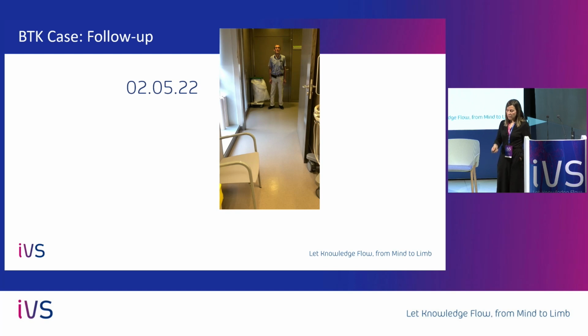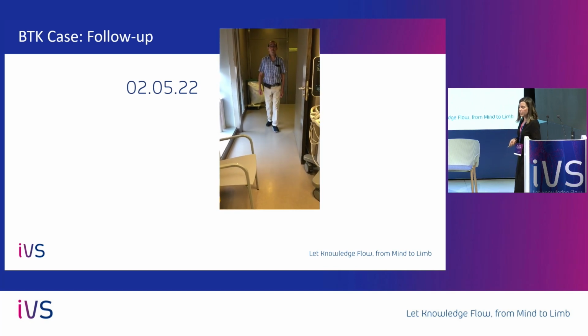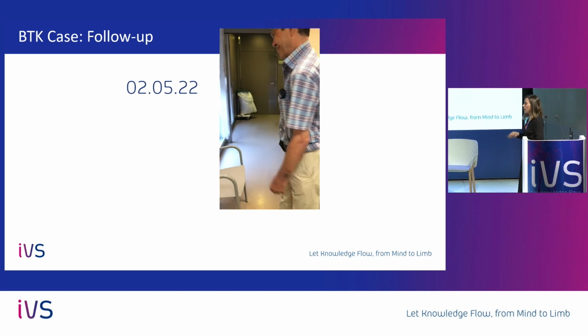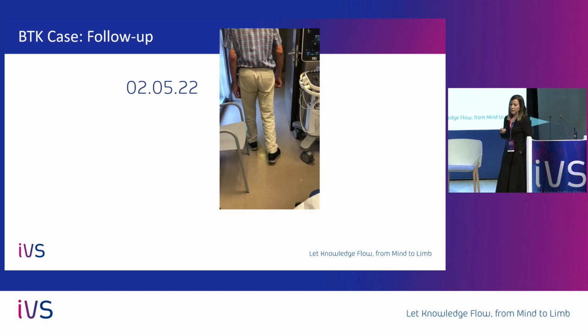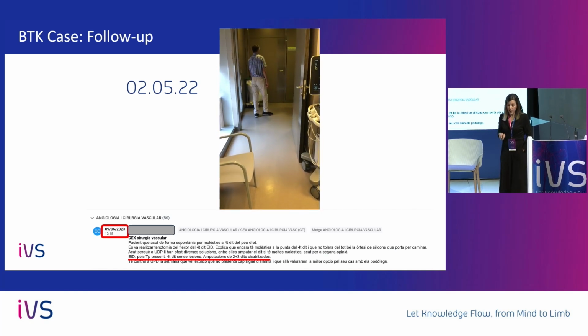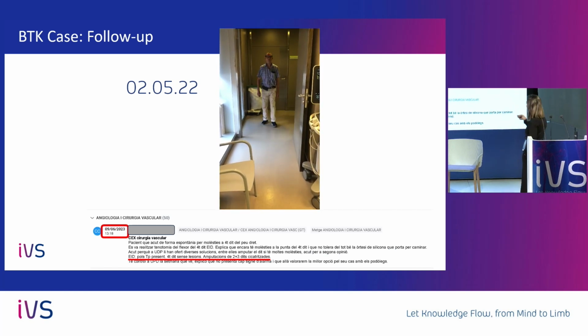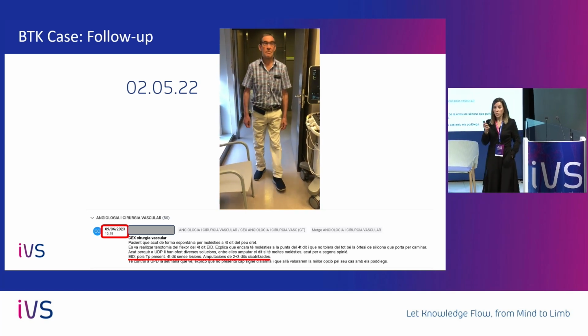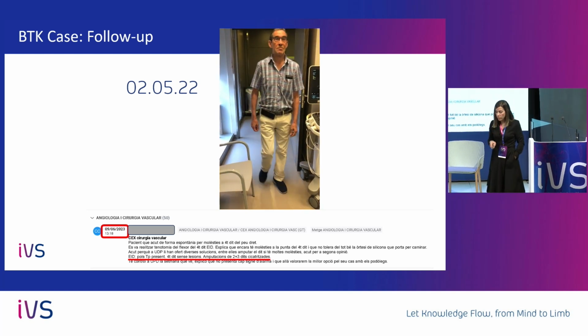And as you can see, let's play the video. That was 3.5 years later. This patient is still walking with the 2 legs. And 4.5 years, almost 5 years later, as you can see in the medical report, this patient still has posterior tibial pulse.